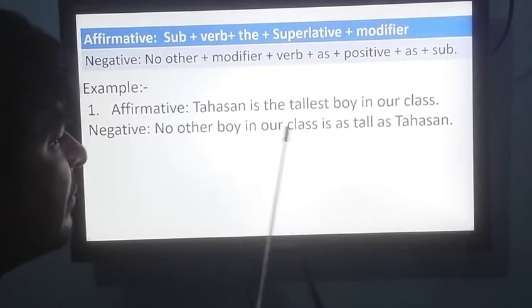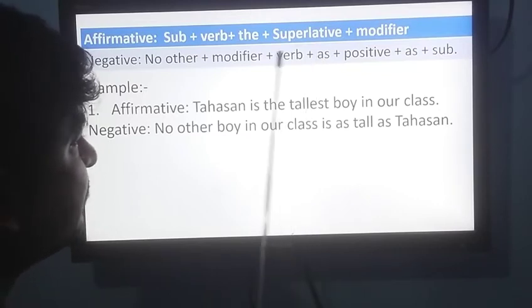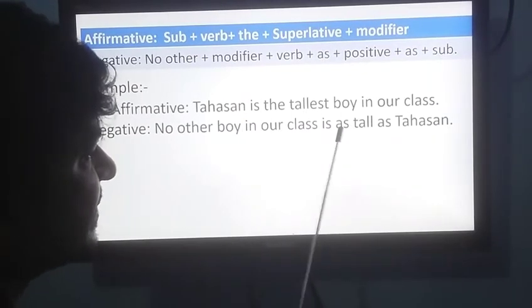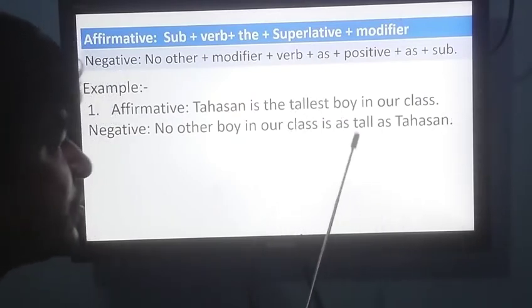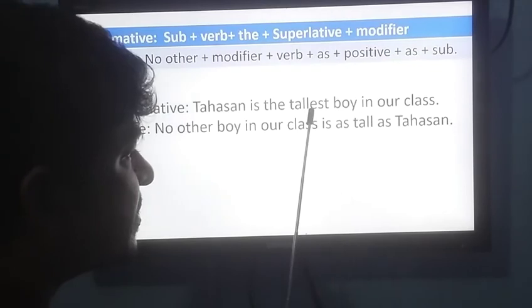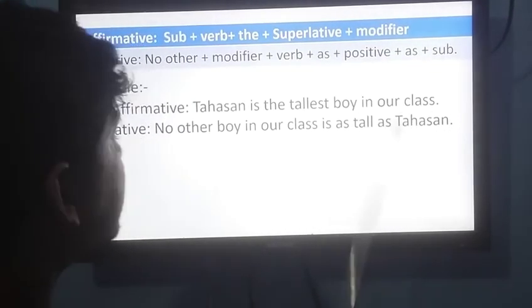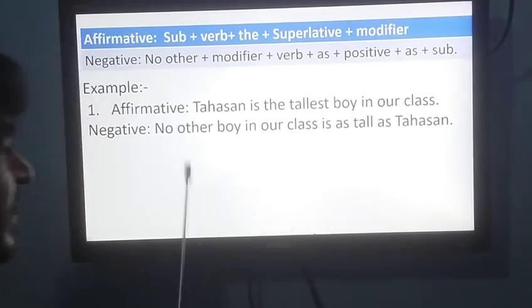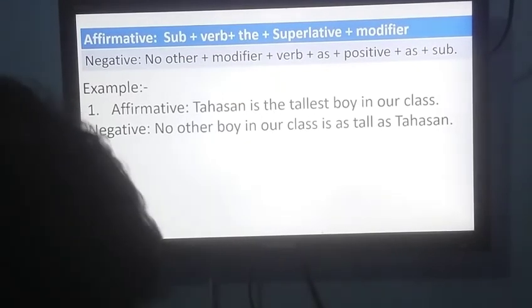Then the verb "is", then "as", then tallest, taller, tallest, so "tall" is the positive degree. Then "as", then the subject of the sentence, Tahsan. So no other boy in our class is as tall as Tahsan. That means Tahsan is the tallest boy in our class.